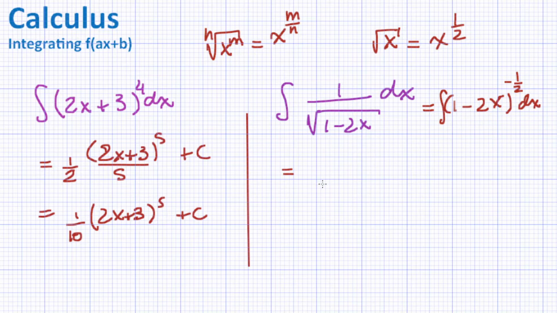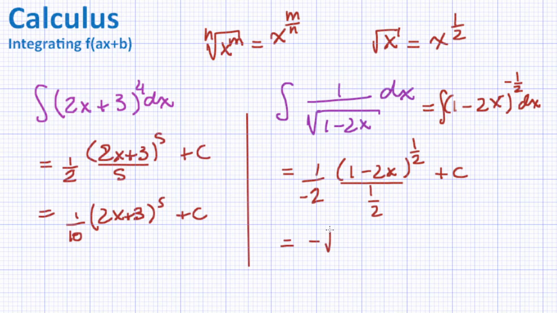So 1 over a, 1 over negative 2. That's the first part, right? We increase the exponent by 1, so negative a half plus 1 is a half, over this new exponent, which is a half, plus a constant. So that should be negative a root of 1 minus 2x plus c.